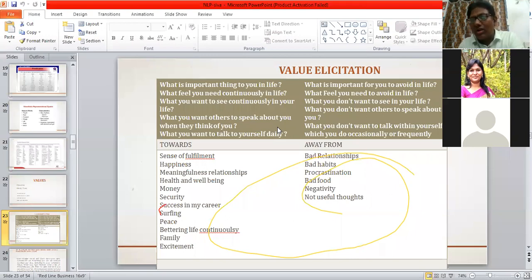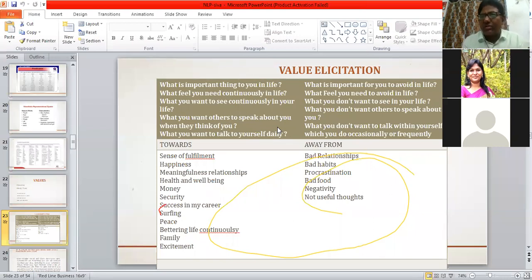So this field, we have to change it to the positive one, that is the towards value. Actually, what NLP says, as far as value elicitation is concerned, is always first do the towards value. What is important to you, that is the towards value. I have written here towards value.